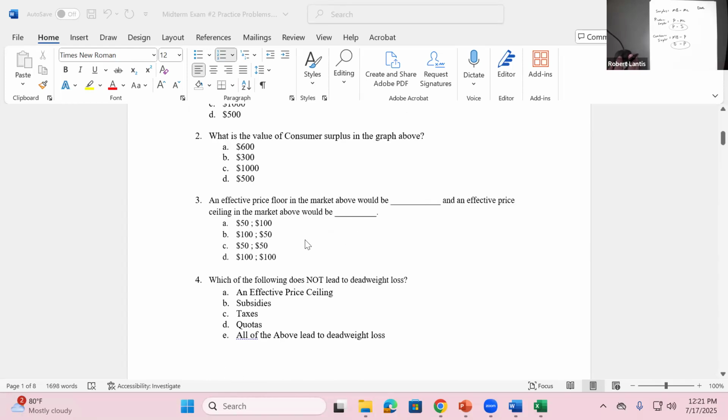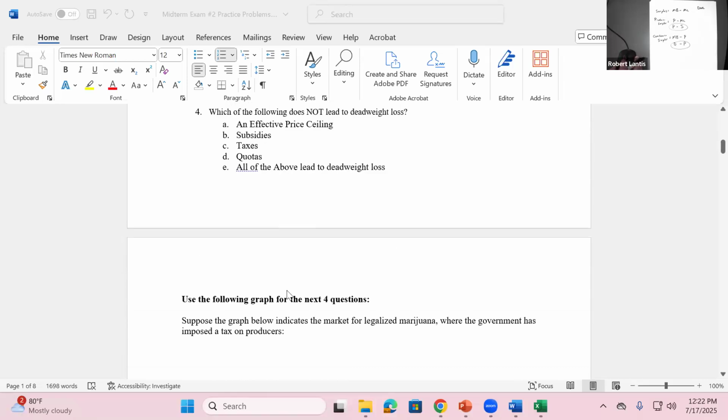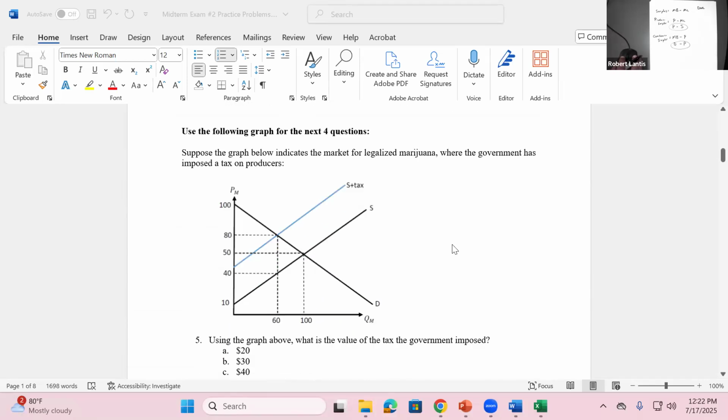One thing I would also maybe pay attention to in these problems, or go back and review the quiz questions from this module. Sometimes we have effective price ceilings or price floors. Sometimes they're ineffective. So let's say I had this example and I told you what is deadweight loss if there's a price floor of $40.